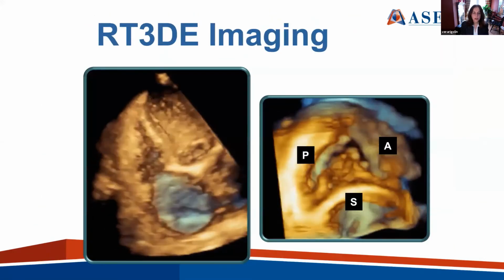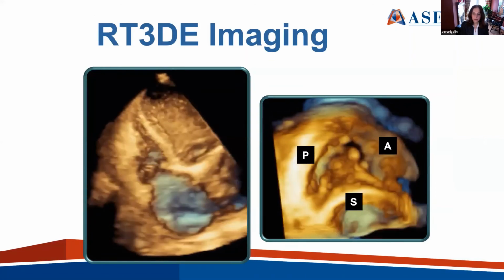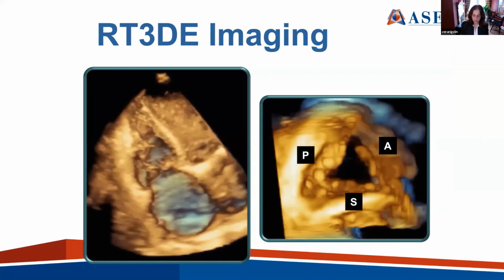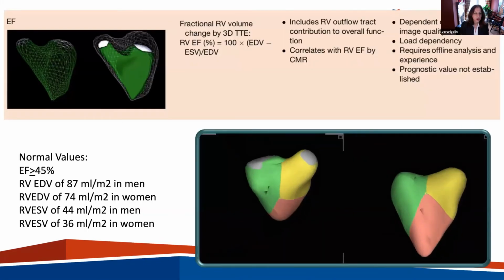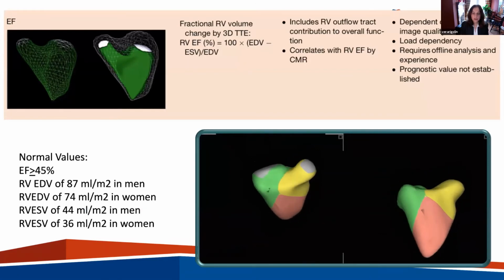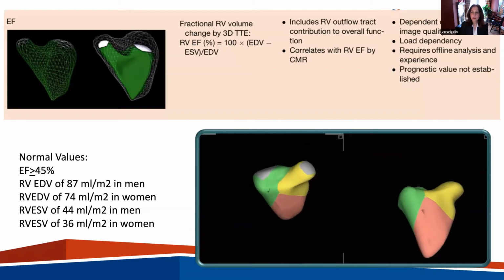So now let's talk a little bit about 3D imaging. These are some examples of the right ventricle and the tricuspid valve using 3D imaging. We can measure RV ejection fraction using 3D echo as shown here, and this is found to be more accurate than 2D imaging because it includes the RV outflow tract and has better correlation with cardiac magnetic resonance.